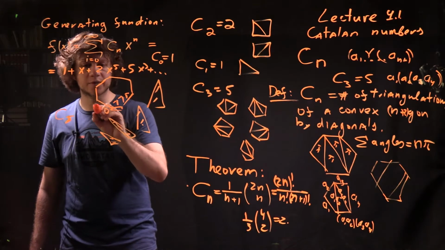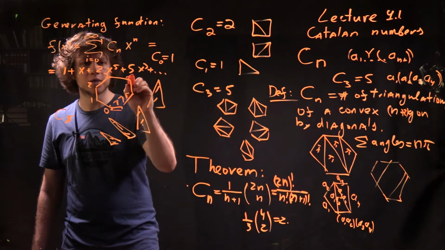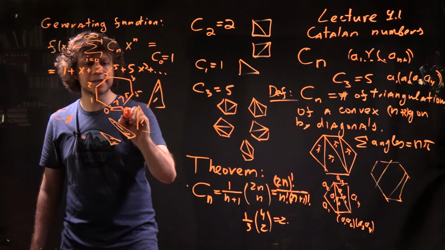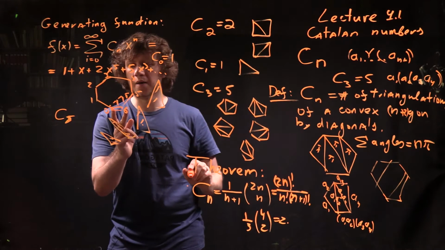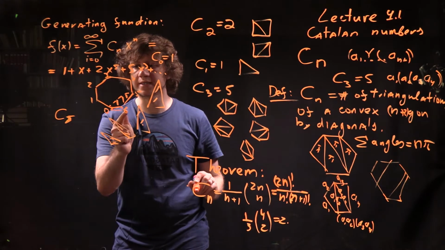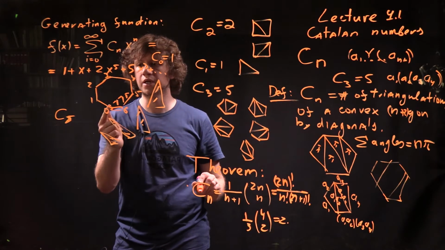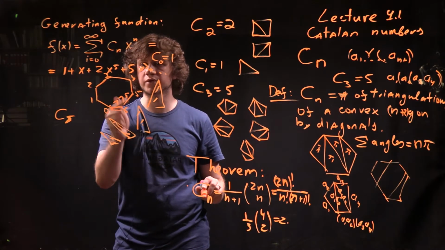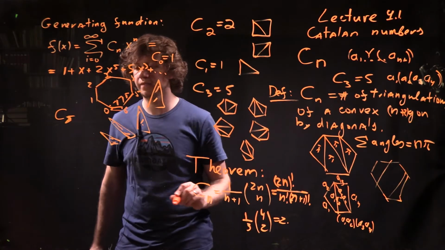If I label the vertices 0, 1, 2, 3, 4, 5, 6, then basically there are choices where the triangle 0, 1, 6 is adjacent to the base, or 0, 2, 6, or 0, 3, 6, or 0, 4, 6, or 0, 5, 6.